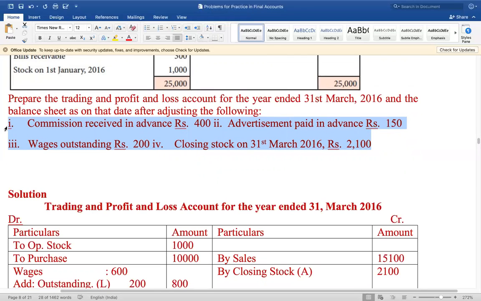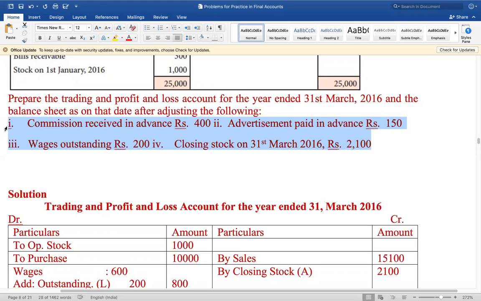Yes, ma'am. How will it become a liability, sir? Commission received in advance. For this year, it does not belong to this year, right? It belongs to the next year. Till this becomes due, it's a liability. It is not your money, it's others' money.